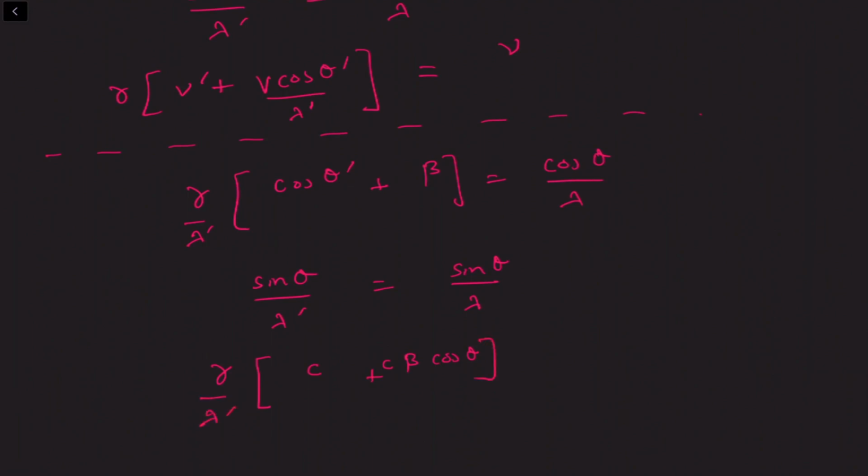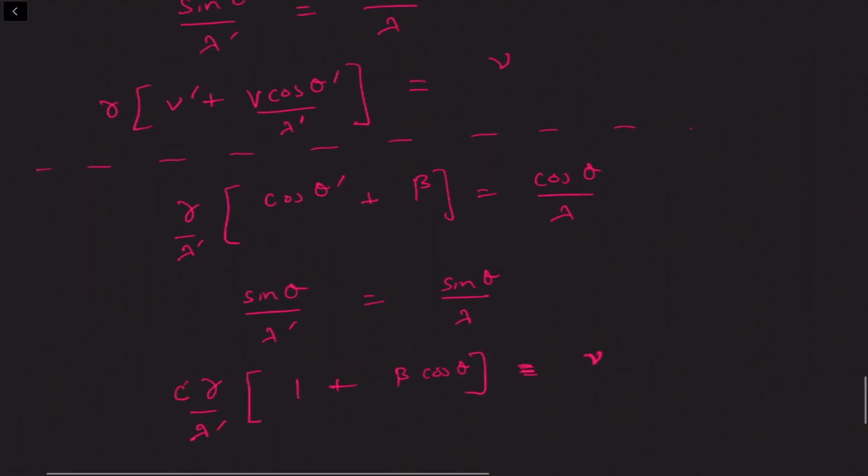And if I divide both sides by c, then I can write this as 1 plus beta cosine theta is equal to nu over c. Or rather, if I move the c over here and write c by lambda prime as nu prime, then I can write a relationship between nu and nu prime as this.